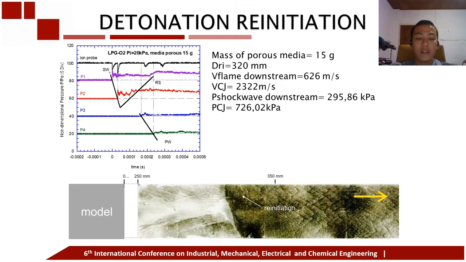It is also indicated that in the upstream of the porous media model, the flame front was detected by ionization probes 1 and 2 at the same time as the shock wave detection by pressure sensors 1 and 2. On the other hand, the flame front was detected in downstream of the model with some time lag behind the detection of the pressure wave.